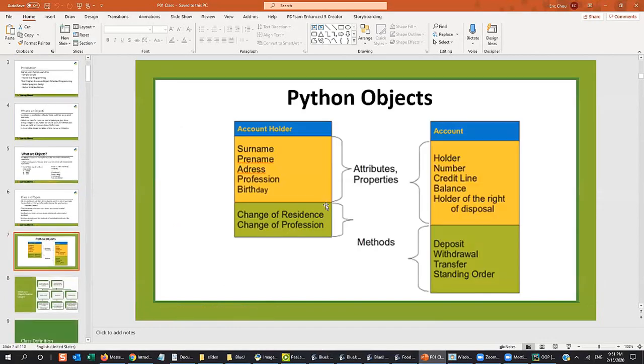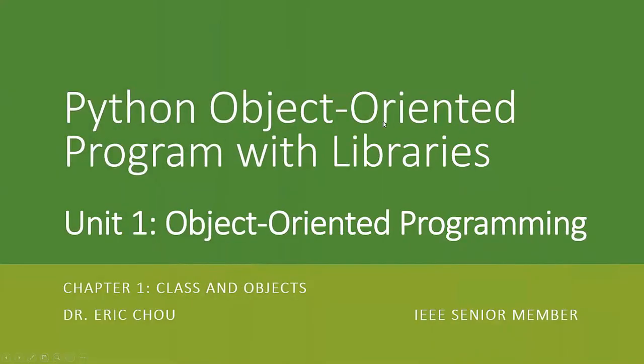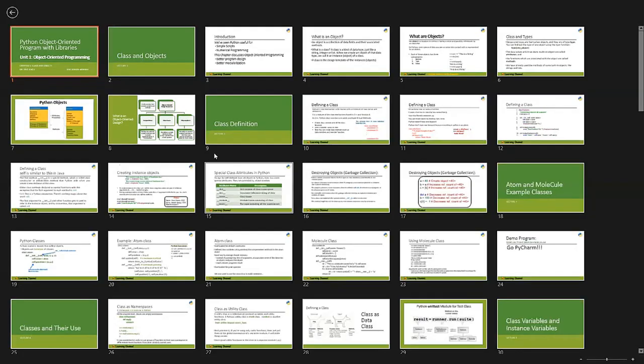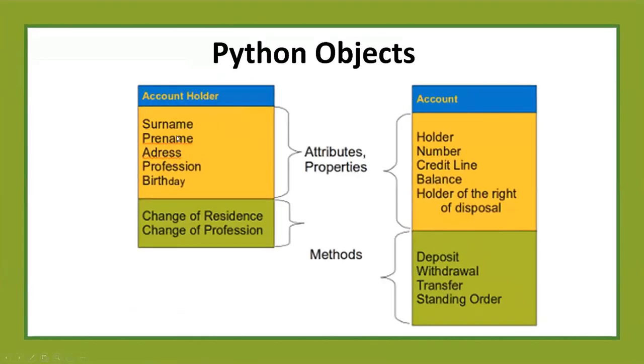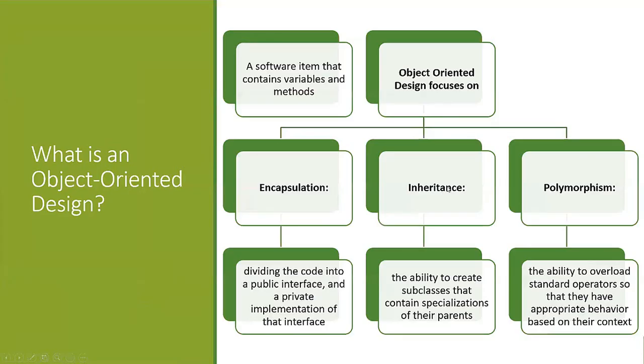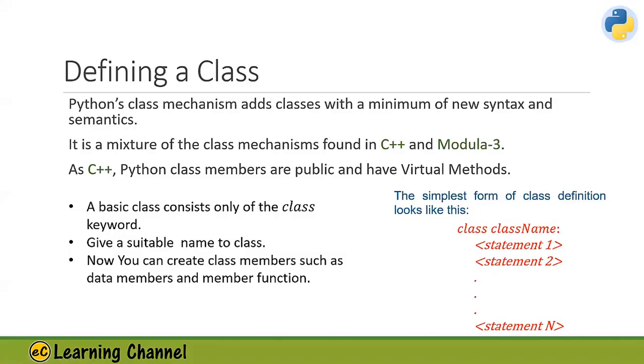So your Python object will have data fields and methods. And here we also need to look at encapsulation, inheritance, and polymorphism for OOP. Same thing. So let's look at defining a class.